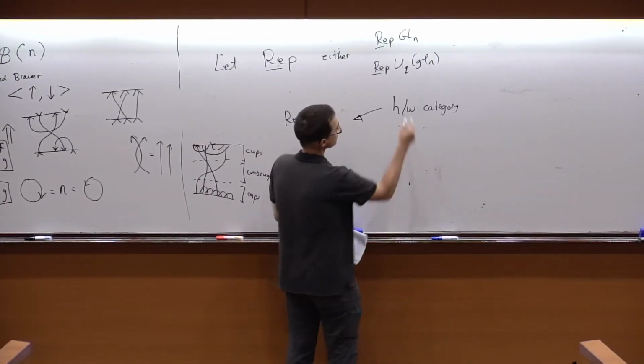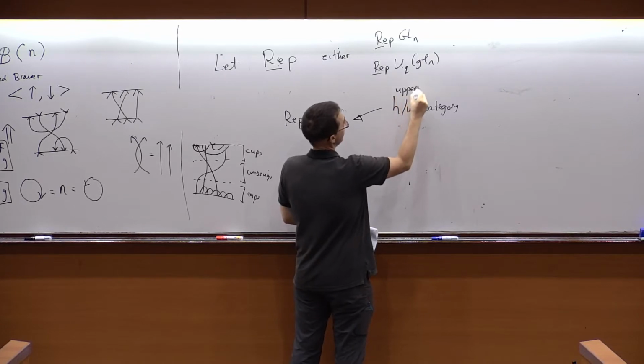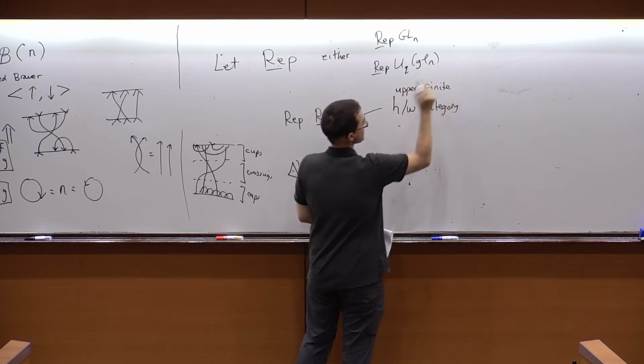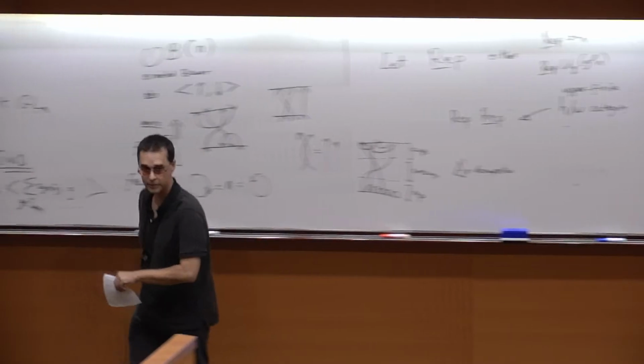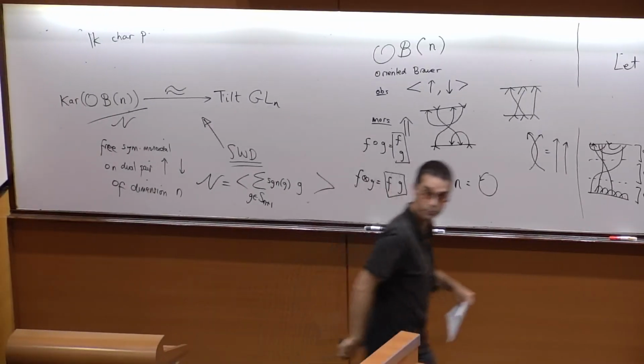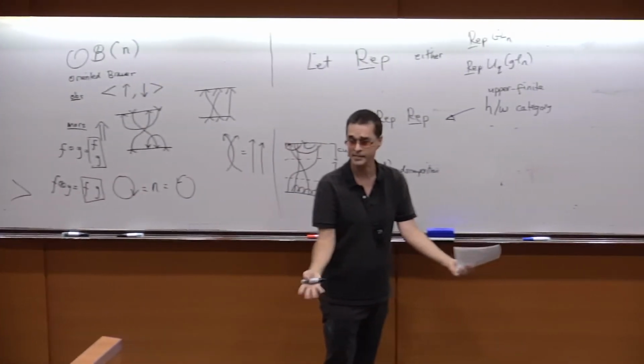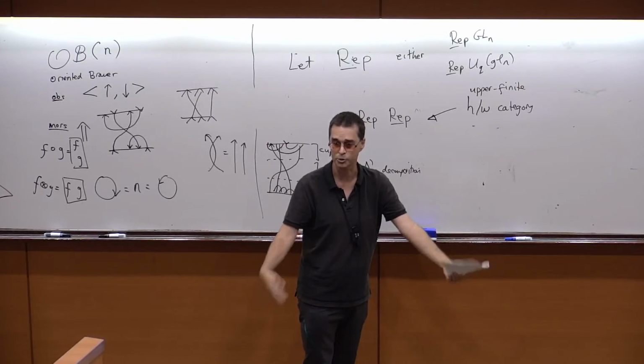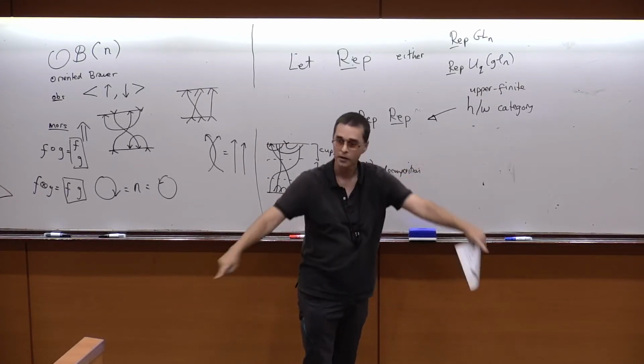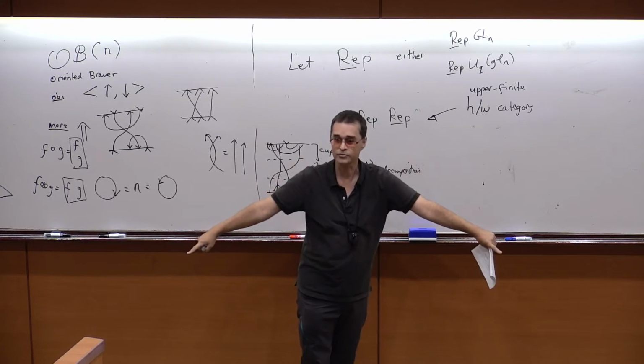It's not quite the usual sort of highest weight category. It's a slight generalization of a highest weight category. I call it an upper finite highest weight category because the poset, the underlying set is these bipartitions that label the simple modules, but you get a partial order structure from looking at composition factors of Vermas.